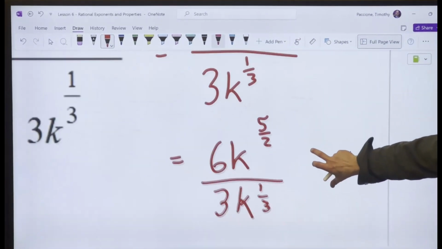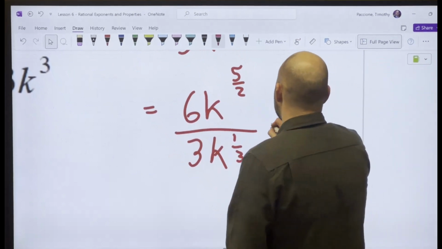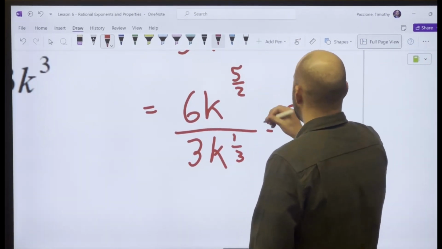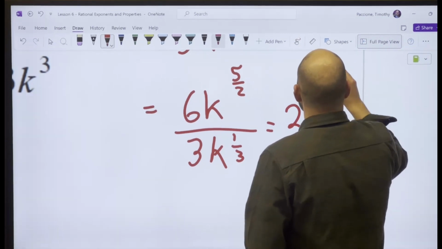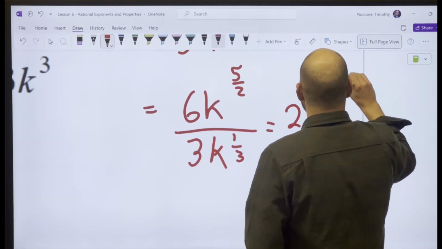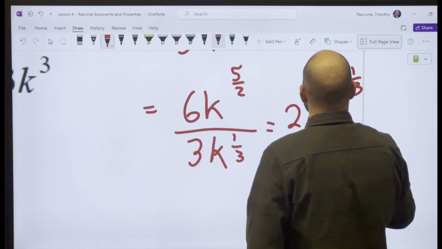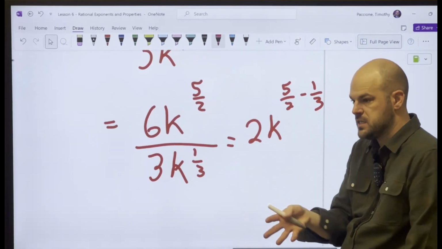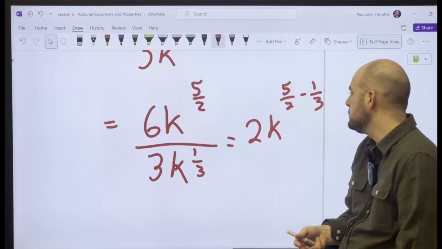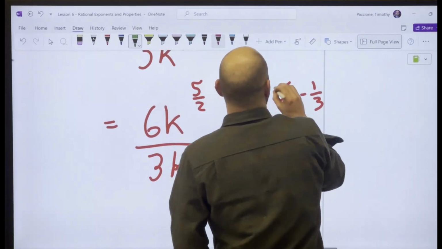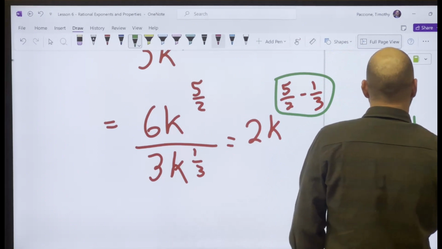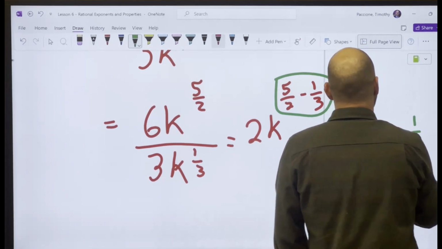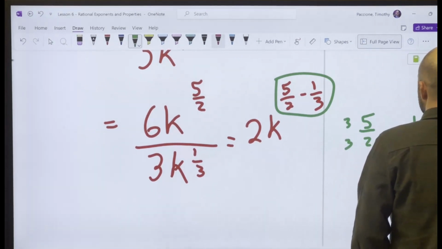Okay, 6 over 3 actually divides, so I end up with 2. And then I'd have k to the 5 halves minus 1/3, which you, again, would take over to the side to figure out. You can do that. 5 halves minus 1/3, 3 over 3, 2 over 2, right?